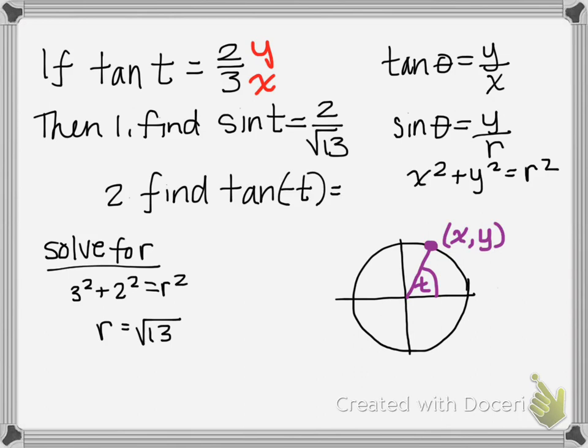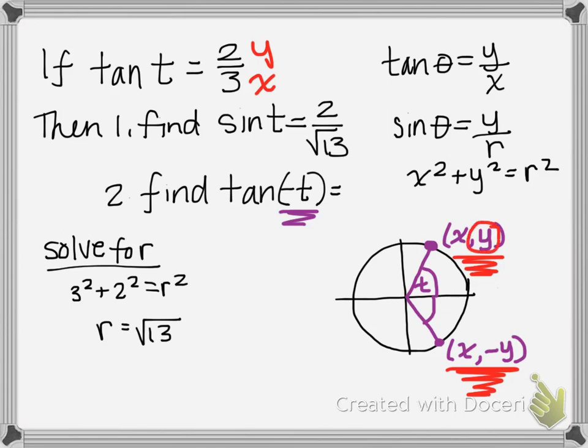Well, what would negative t be? Negative t would be down here, in that direction. And what would the coordinates be? It would still be x, but it would be negative y. So if the tangent of t is equal to y over x, then the tangent of negative t is equal to negative y over x.